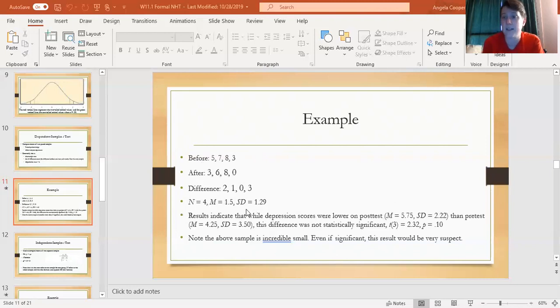To do the analysis of a t-test itself, these are not the numbers we use, but as we discuss it in an APA-style research report, we can say the scores were lower on the post-test with a mean of 5.75 and a standard deviation of 2.2, than the pre-test with a mean of 4.25 and a standard deviation of 3.5. This difference was not statistically significant: degrees of freedom of 3, the test statistic is equal to 2.32 with a p-value of 0.10.